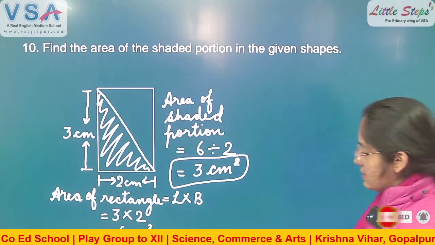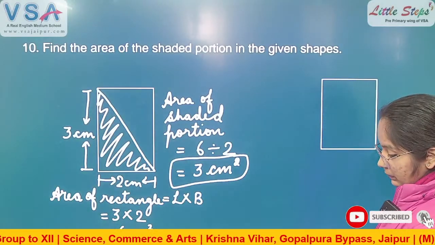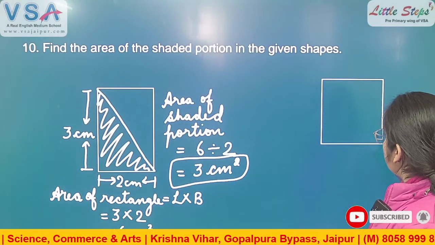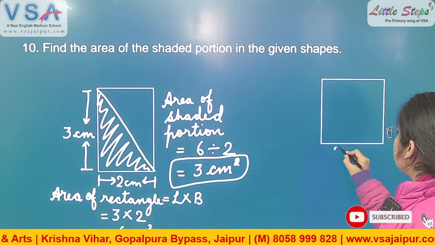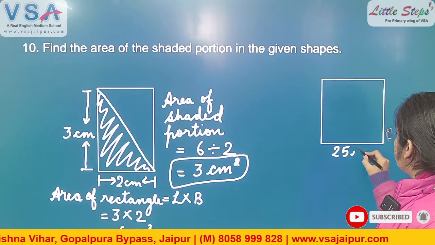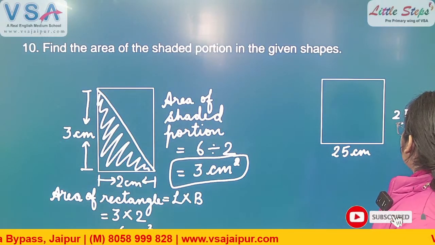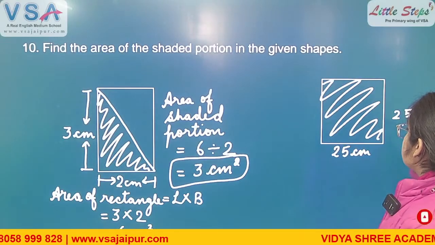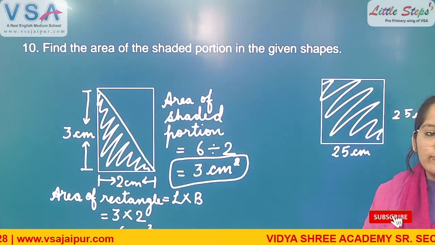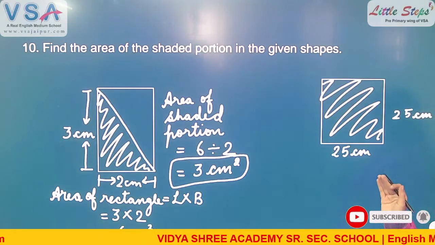Next is the square. And what has been given? We have been given the sides, 25 centimeter and 25 centimeter. We have to find the area of the shaded portion, and it is completely shaded. This means that we have to find the area of a square. Why is it a square? Because all the sides of a square are equal.